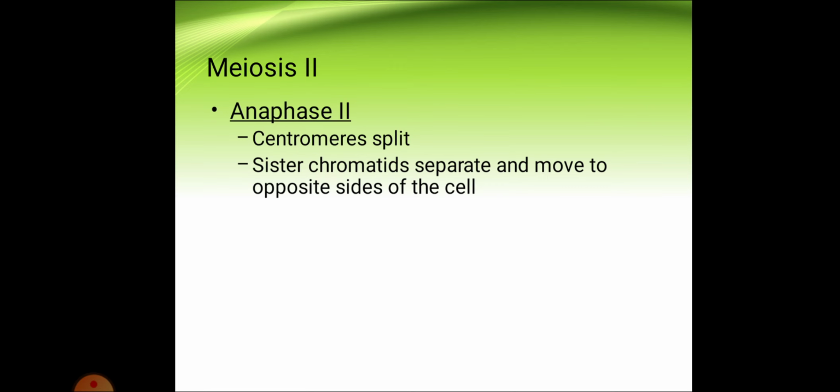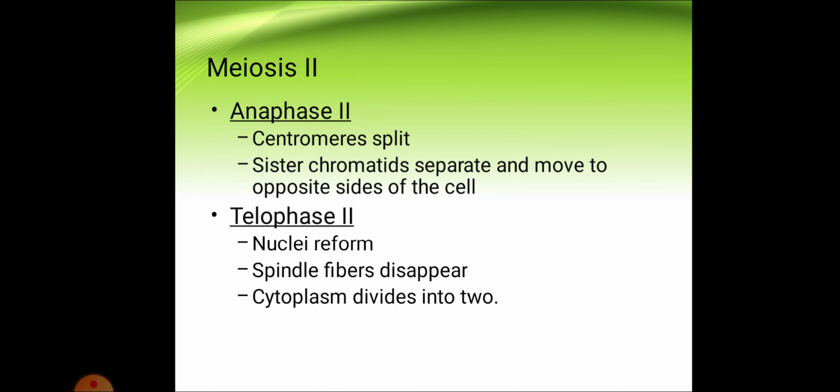And in anaphase 2, the centromeres split, wherein the sister chromatids separate and move to opposite sides of the cell. In telophase 2, the nuclei reform, the spindle fibers disappear, and the cytoplasm divides into two.